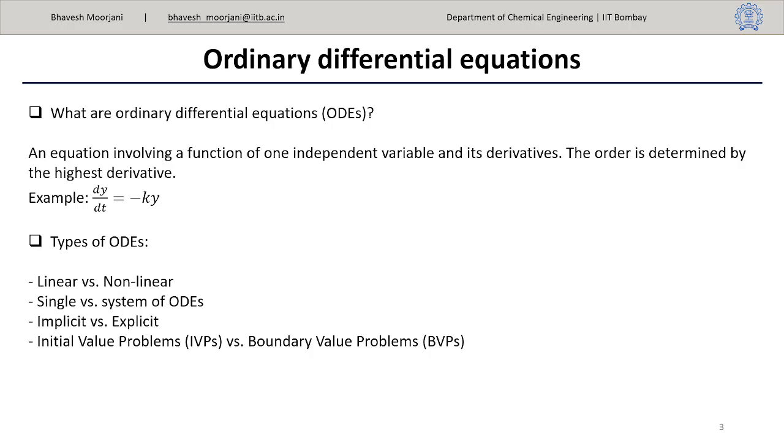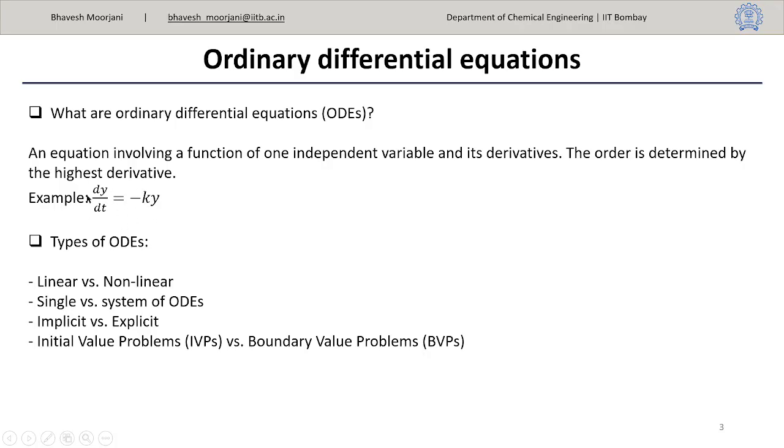differential equations are nothing but where your function involves the derivative of any variable with respect to one independent variable. So this is an important aspect: derivative with respect to one independent variable, right? Here, for example, the derivative of y with respect to t is given as minus k times y, right?